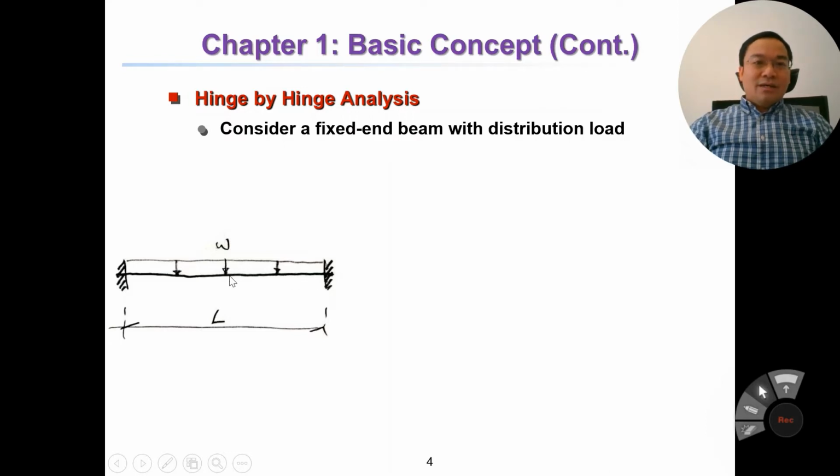It means for the collapse mechanism, it needs at least 3 hinges. For example, here, and maybe here, and maybe here. 3 hinges for the collapse mechanism, okay?